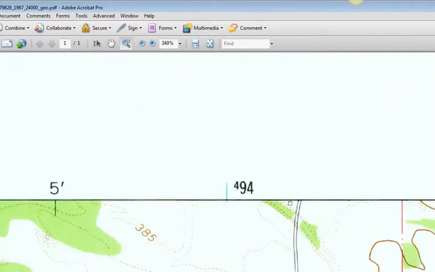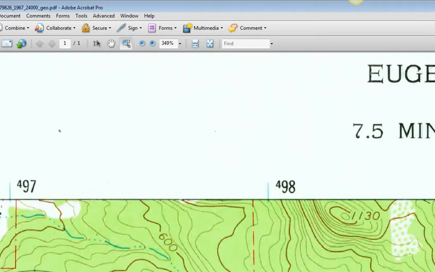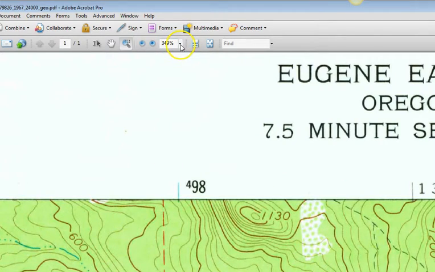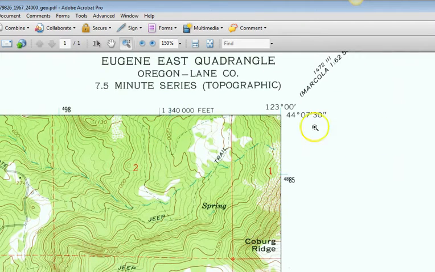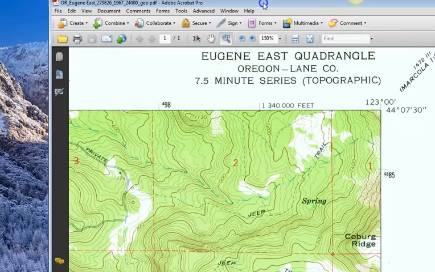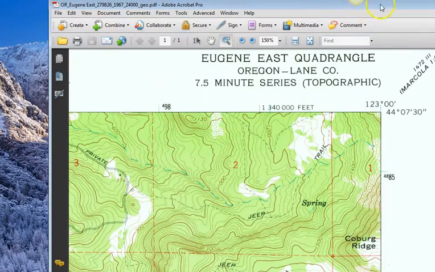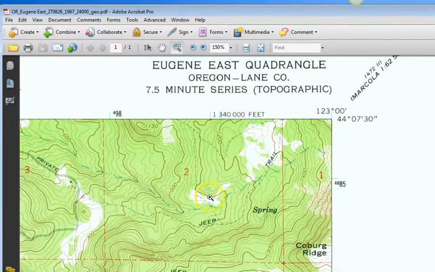If I were looking at the Coburg Hills, I'm going to zoom out just a bit here. Let's see, yeah, you can still read that. So this grid here is section 2. Here's section 1. I can see section 3 over at the side of the map. So I'm going to start by identifying my section. This is section 2.